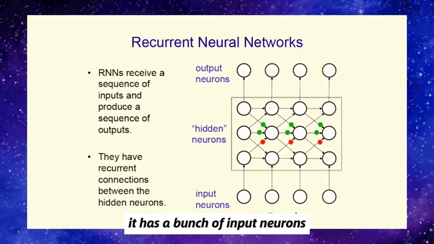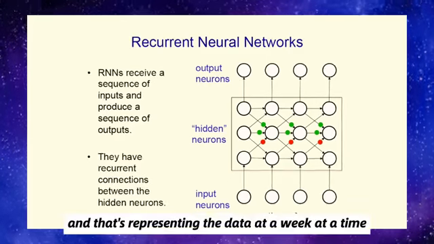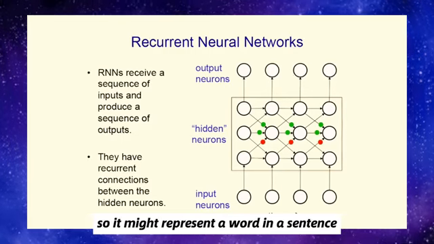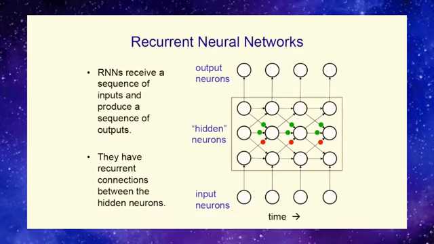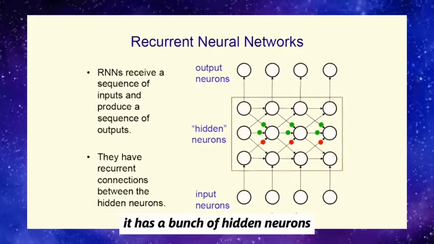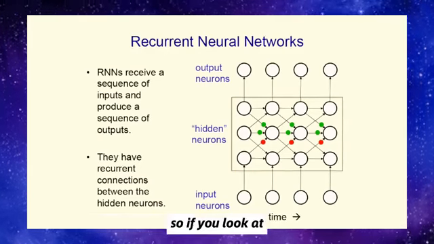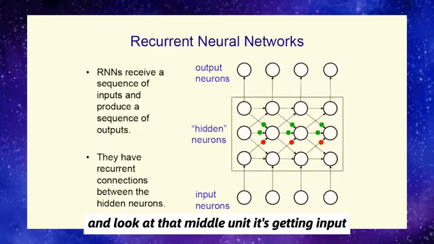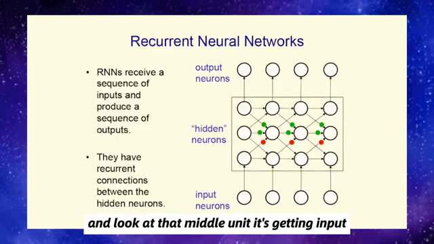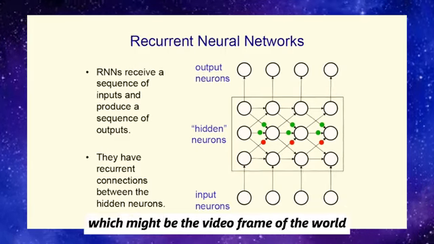So here's how a recurrent net works. It has a bunch of input neurons, not just one like it shows here, but a bunch. And that's representing the data at a particular time. So it might represent a word in a sentence. It might represent an image in a video. That's the input. It has a bunch of hidden neurons. And these hidden neurons connect to themselves. So if you look at the second time slice here, the second column, and look at that middle unit, it'll get some input from the input to the system, which might be the video frame or the word.